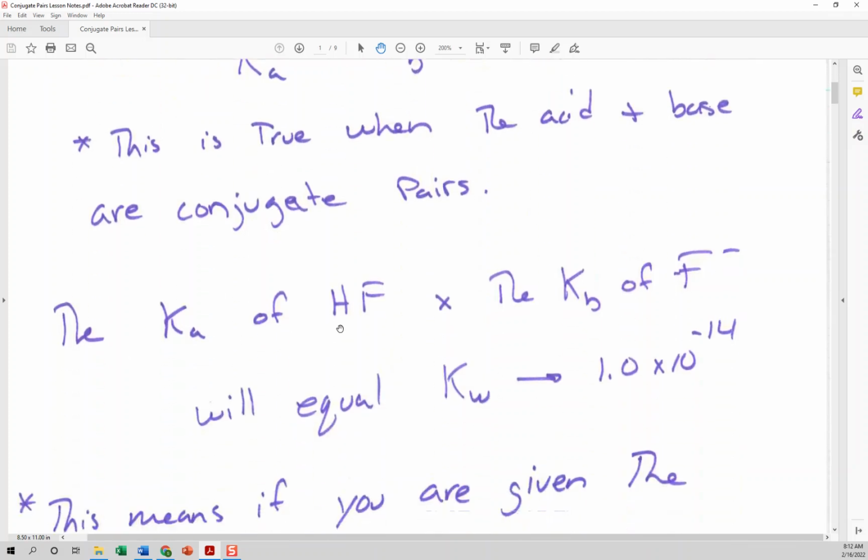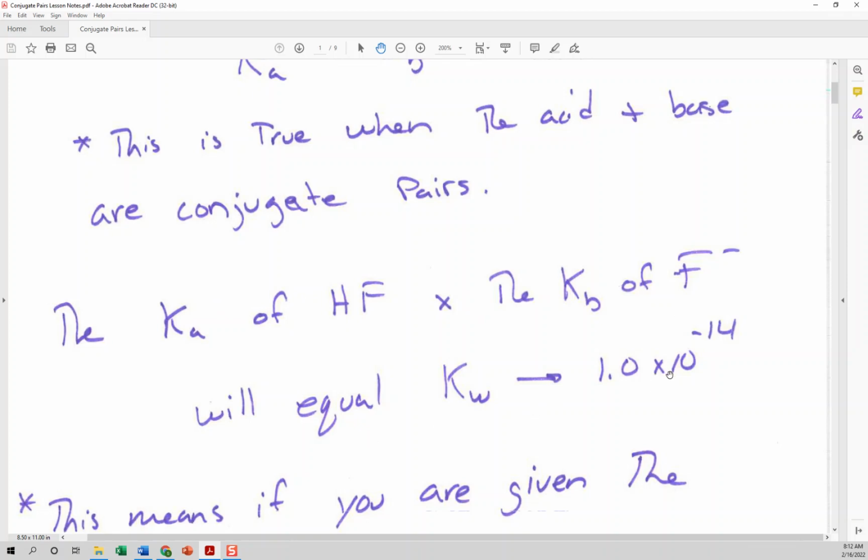So let's understand what this means. Let's say I'm given the Ka of HF, which you should know is a weak acid, right? That means if I was given the Ka of HF, I can find the Kb of fluoride, its conjugate base. The Ka of HF times the Kb of F minus will always equal 1 times 10 to the negative 14.